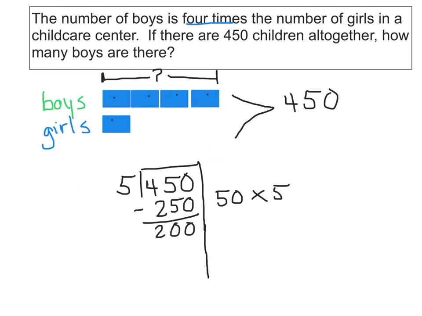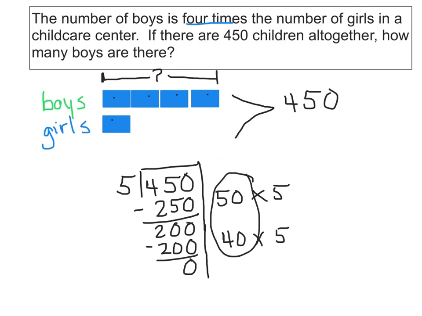So I can't do another 50, so I think I'll try 40. So I'll do 40 groups of 5. And 5 times 4 tens is 20 tens. So I have no more left to put into groups of 5. So that gives me 90 groups of 5.